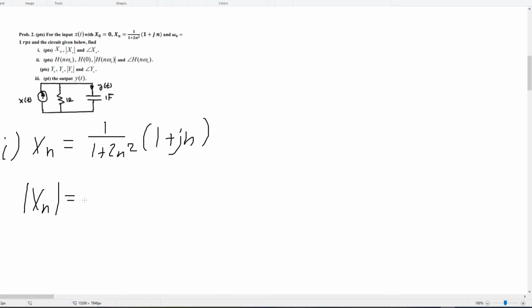When you have to do the magnitude of something, you could look at the problem like this. If you have a problem where it has a plus jb, and you're taking the magnitude of this, then you would be doing something like this: the square root of a squared plus b squared, right?